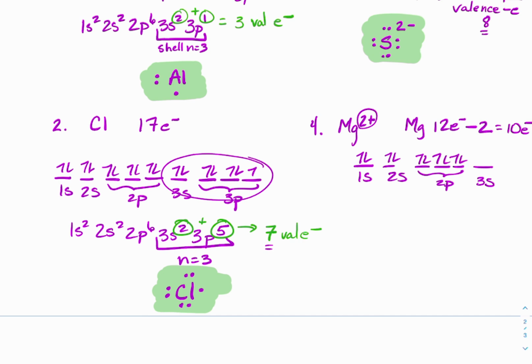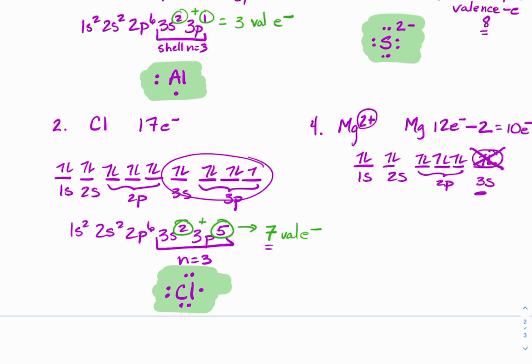So remember, we used to have 2 here, and then those were given away. So really, in magnesium 2 plus, we have given away what would have been the 2 valence electrons that it had.